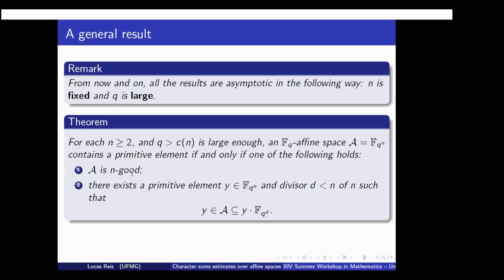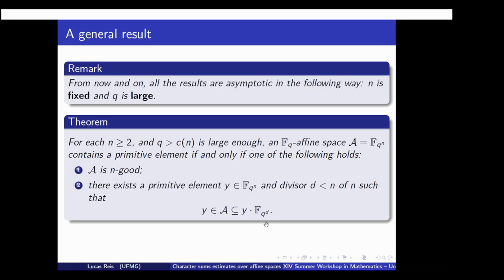So A contains the elements y and z with that property I just defined. Otherwise, A contains a primitive element y, and there exists a divisor d smaller than n such that A is contained in this subfield. So this affine space will be very specific, right?